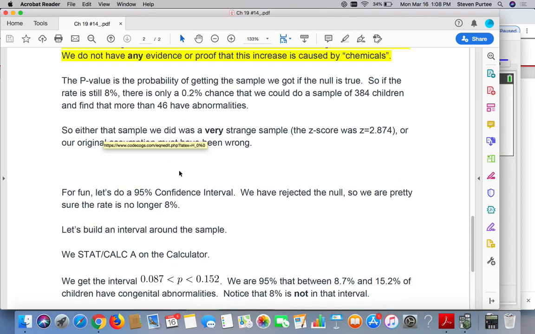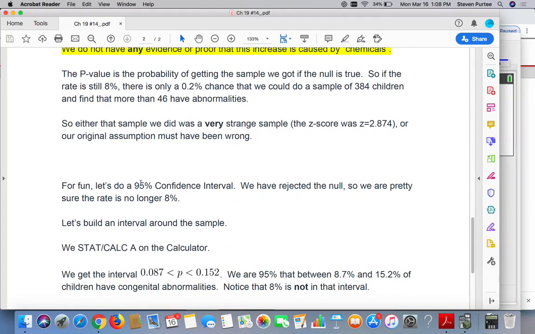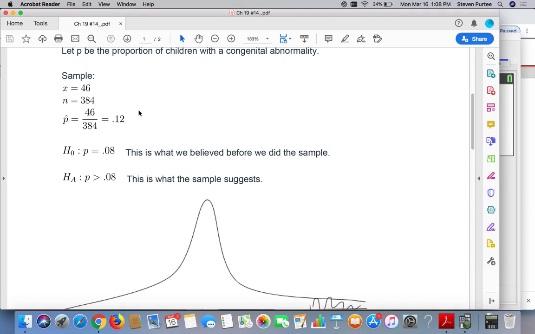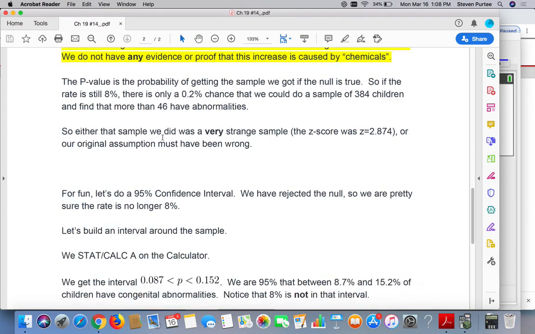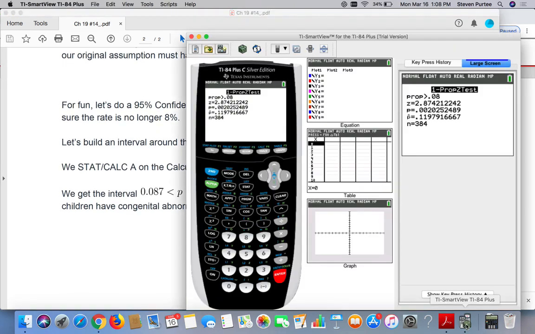Okay, for fun, we have now found strong evidence that the rate is no longer 8%. Let's do a 95% confidence interval and try to figure out what the new rate is. The sample says it's 12%, but that's just a sample. We need to leave a little wiggle room around that. So we could do a 95% confidence interval on the calculator.